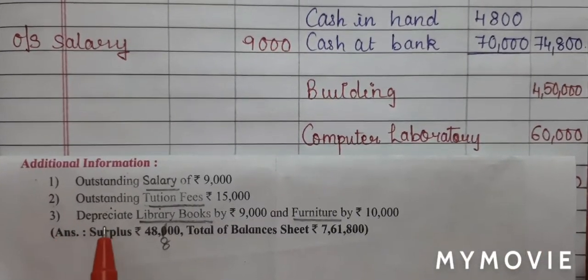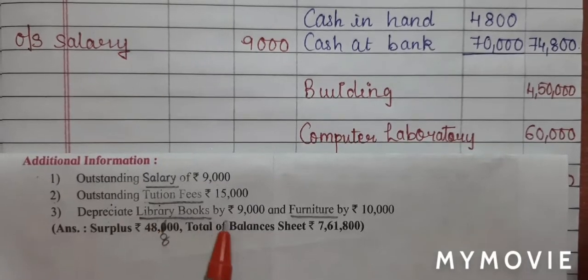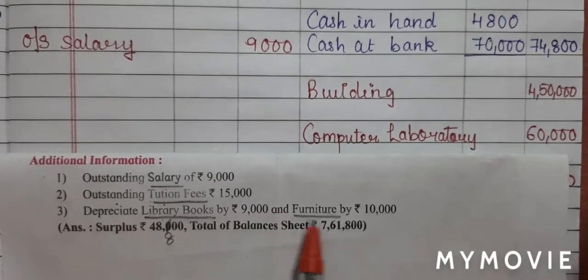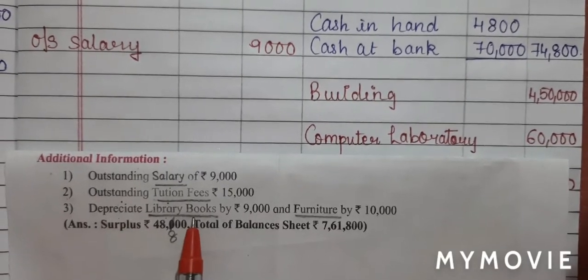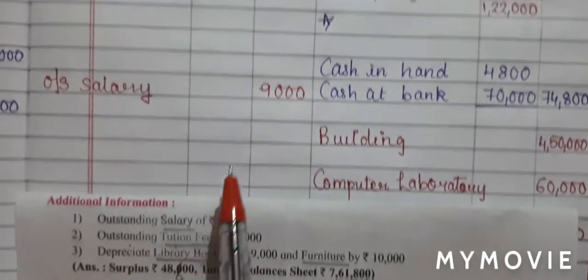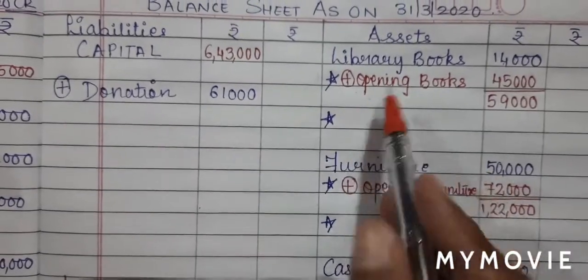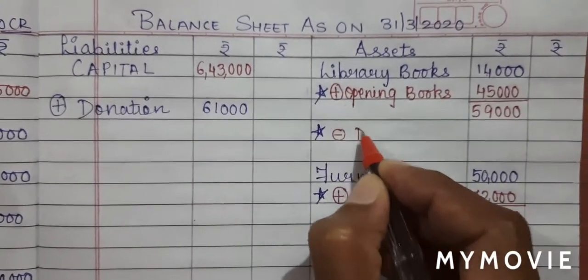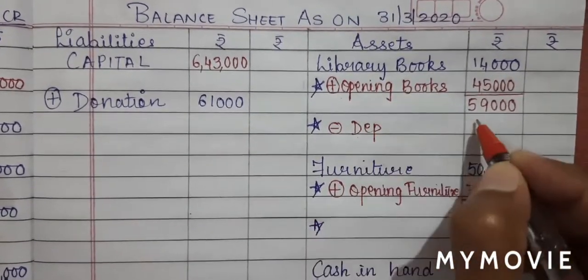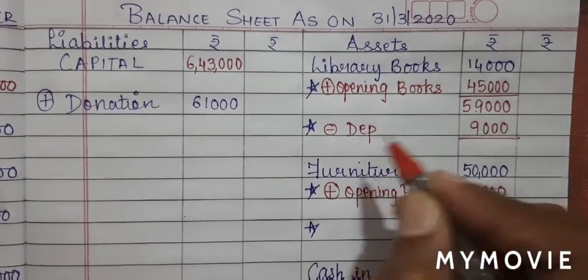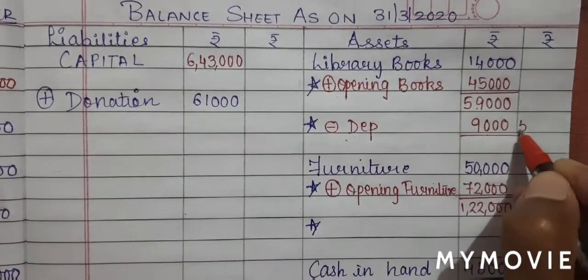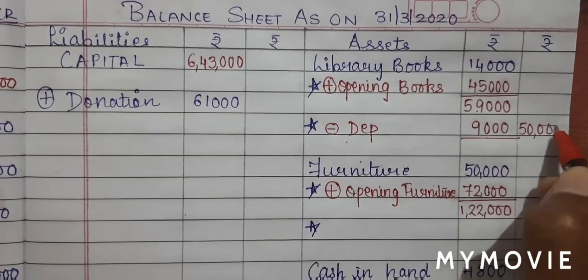Adjustment number 3, depreciate library books by rupees 9,000 and furniture by 10,000. We will first do depreciation for library books. My first effect will be on the asset side. I'll say less dep 9,000 rupees. So 59,000 minus 9,000 will give me 50,000 in the outer column.